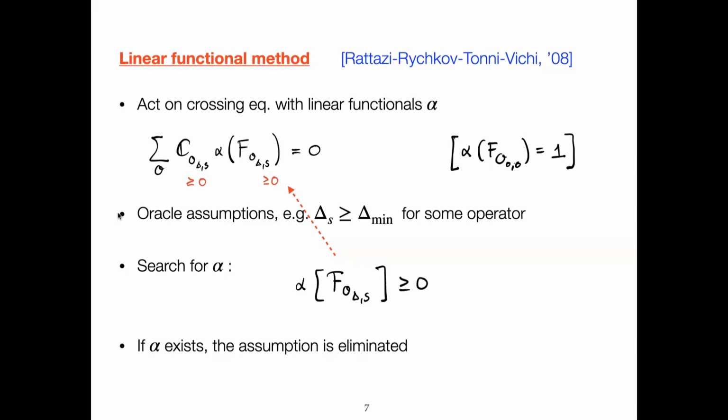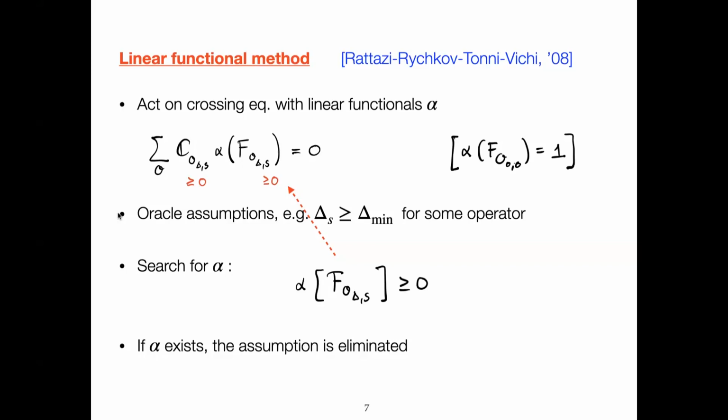Another nice thing about the method is that you can use it to make generic statements for conformal field theories, and sometimes you also notice specific features on the boundary of these allowed regions. Sometimes you get this cusp, and then they noticed, for example, in this example, that the 3D Ising model is the theory that lives there.